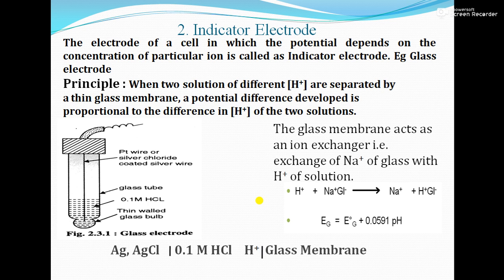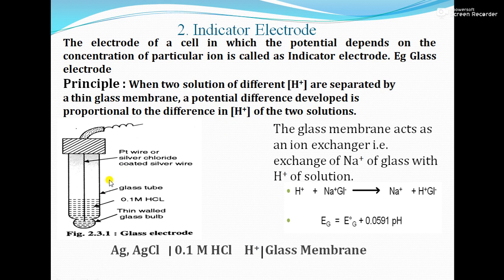The potential of the glass electrode depends on the H plus ion concentration. So you can see the principle, that is when two solutions of different H plus ion concentrations are separated by a thin glass membrane, a potential difference is developed proportional to the difference in the H plus ion concentration of the two solutions.